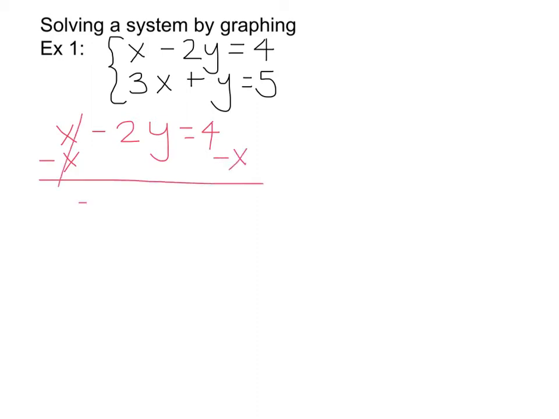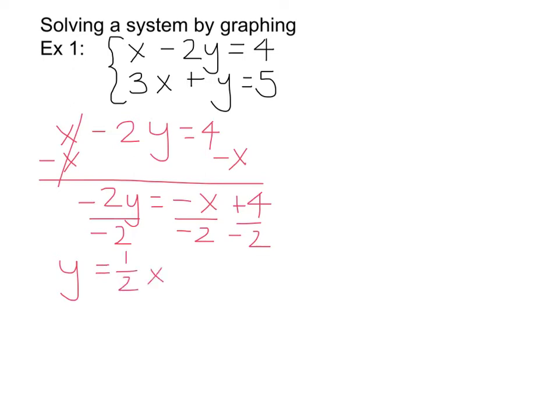So that gives me negative 2y equals negative x plus 4, and make sure you write your x first because you want it in slope-intercept form. And then I divide by negative 2, which makes this y equals, a negative divided by a negative is a positive, 1/2 x. 4 divided by negative 2 is negative 2.